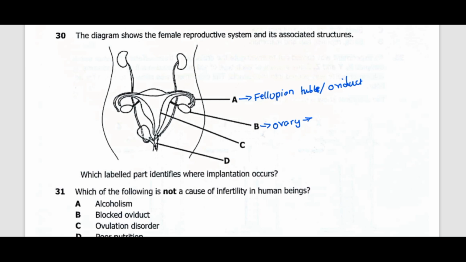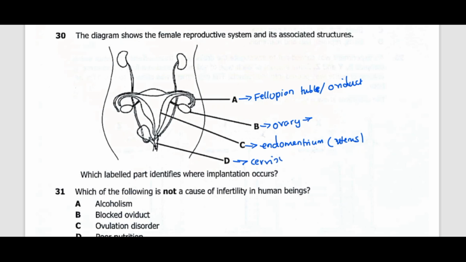Okay, so then for C, this is the endometrium. The endometrium is just the lining of the uterus. So we have the uterus here. Then our D, it has to do with the cervix.